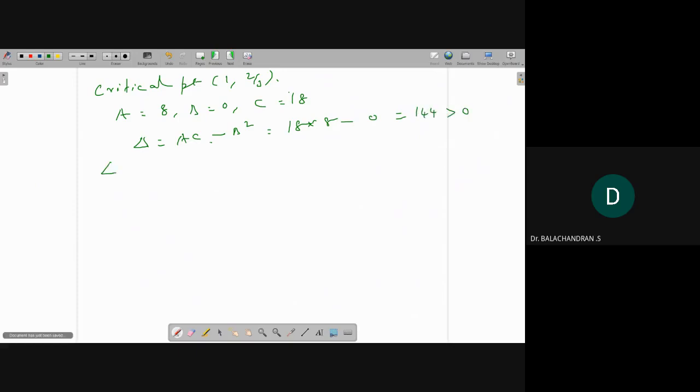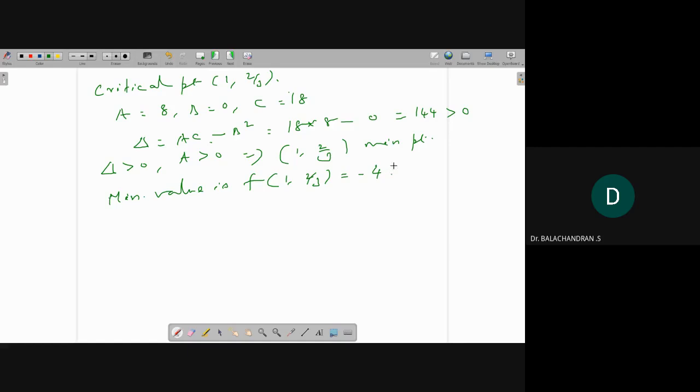So delta greater than 0 and A greater than 0. So this implies point 1 comma 2 by 3 is a minimum point. And the minimum value, please calculate and tell. Minus 4, sir. Correct, yes, thank you. That is equal to minus 4.